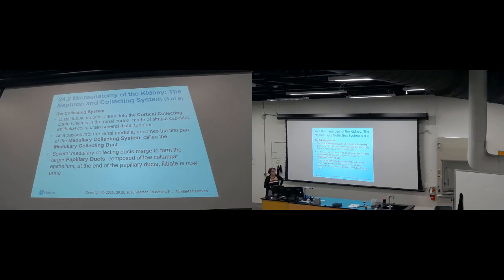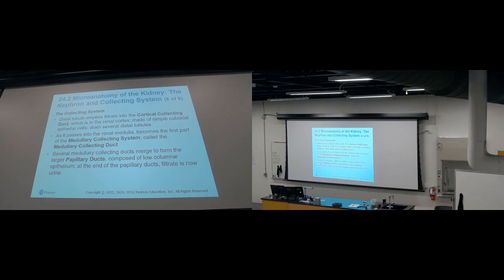Now, for the collecting system, just right after this DCT, you have the distal tubule that empties the filtrate into the cortical collecting duct. So the cortical collecting duct then will send this fluid into the medullary collecting system that you call the medullary collecting duct.